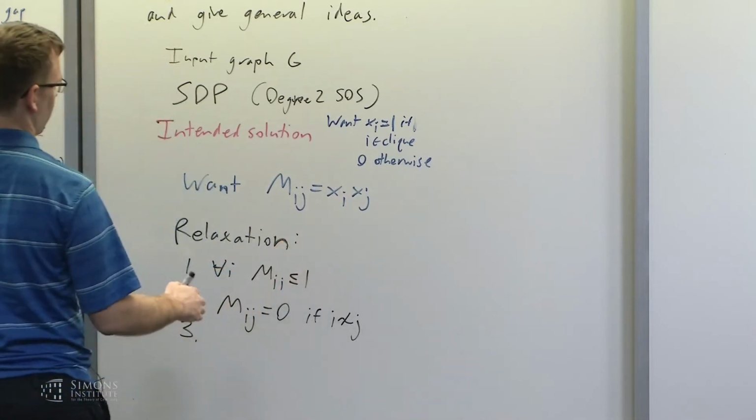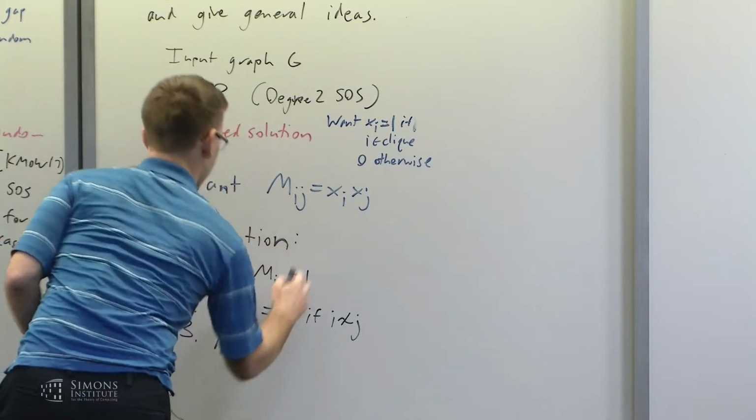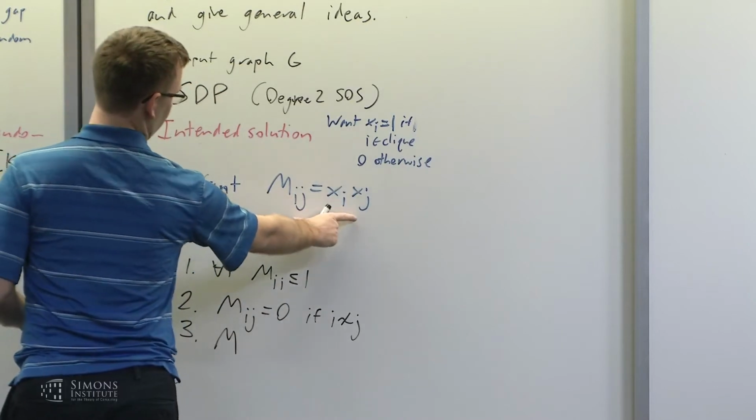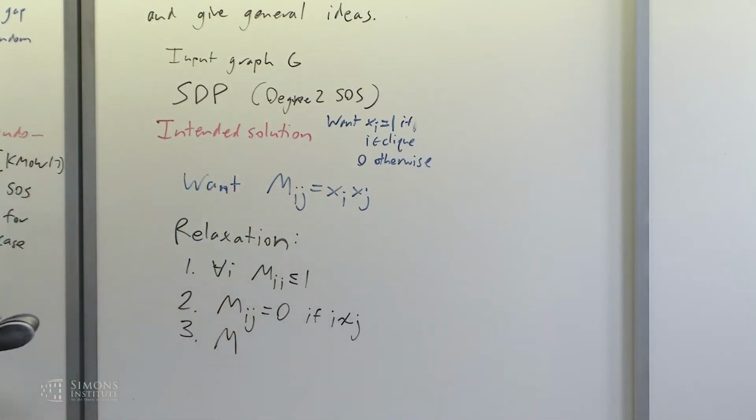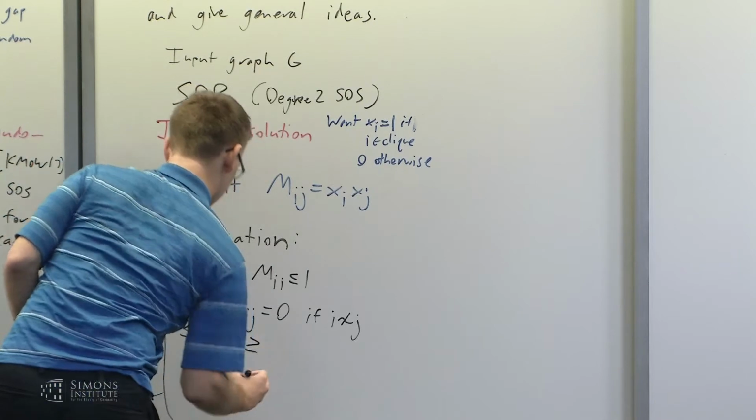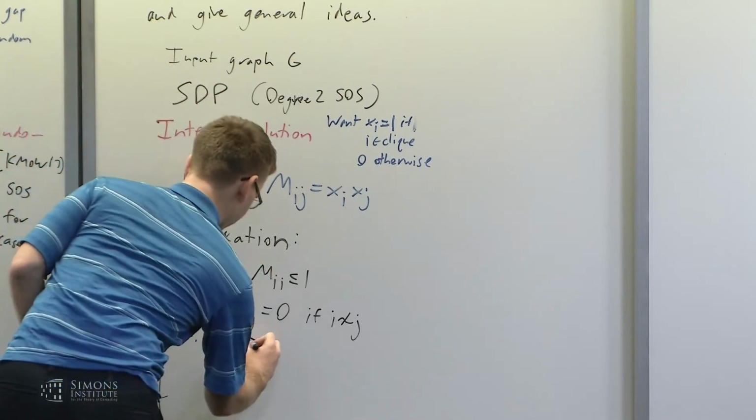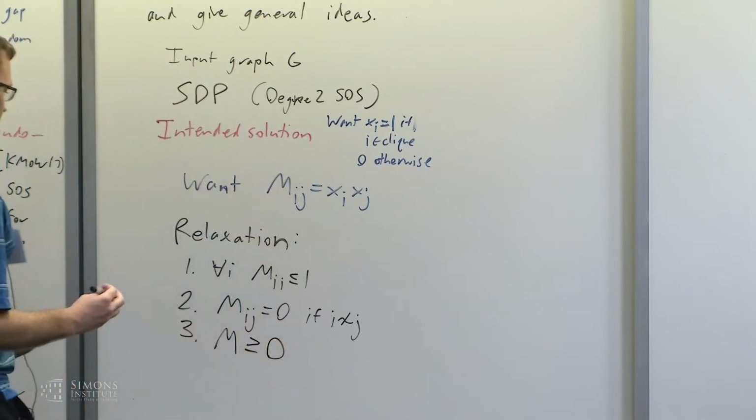And third, in the intended solution, M is a rank 1 PSD matrix. So all we can really constrain for a semidefinite program is to say that M should be PSD.